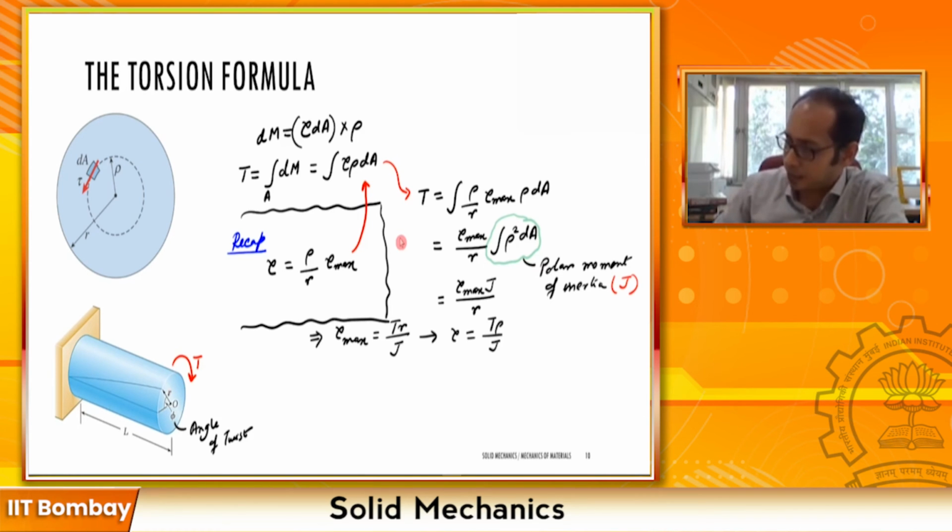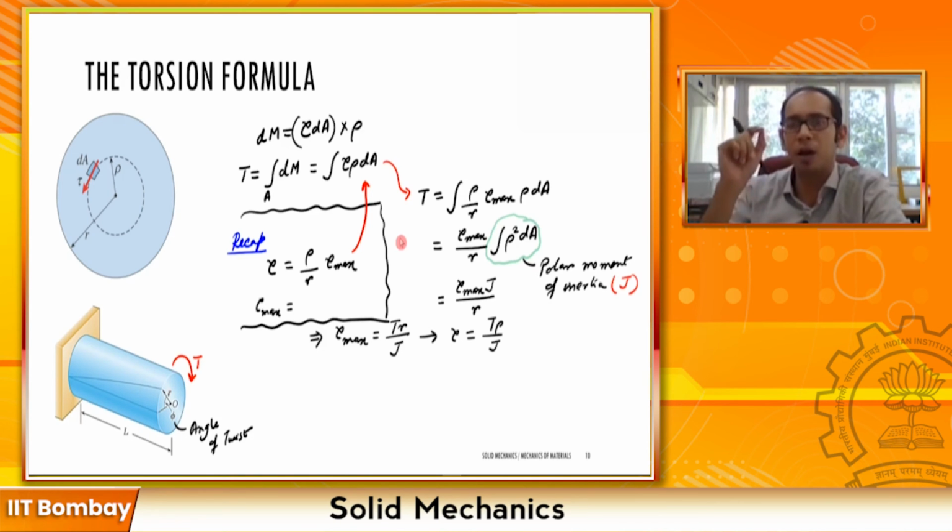So from gamma max, remember gamma max was R phi divided by L. So tau max will be G R phi divided by L, from the relationship between the stress and the strain.